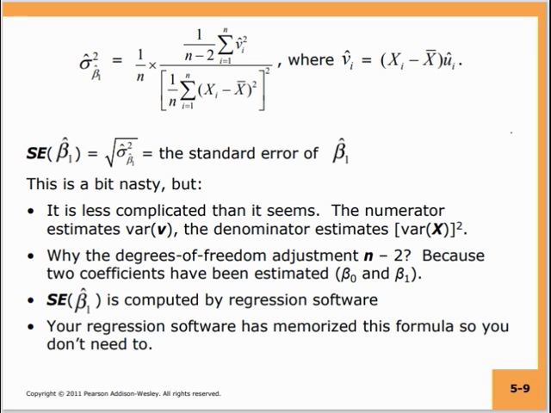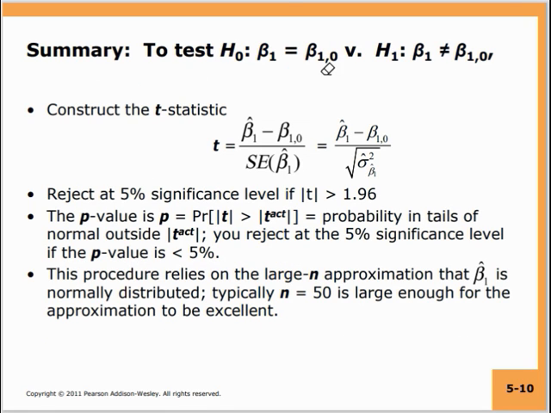what it stands for. So to test beta 1 equals beta 1,0, that is some hypothesized value, versus the alternate hypothesis that beta 1 is not equal to beta 1,0, your software will spit out some value of the standard error of beta 1 hat.